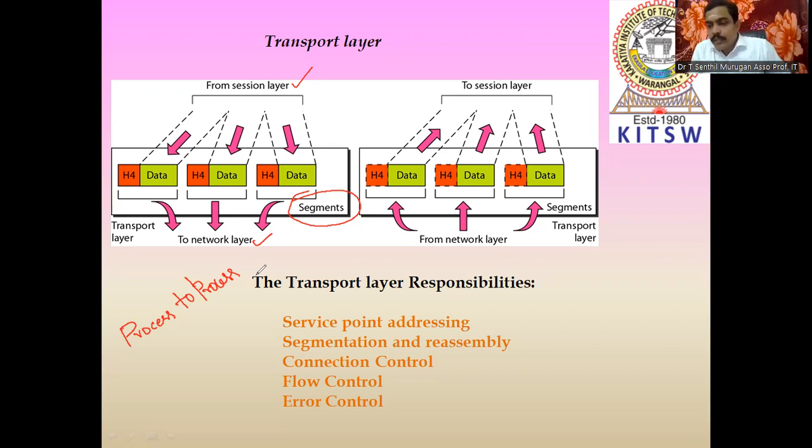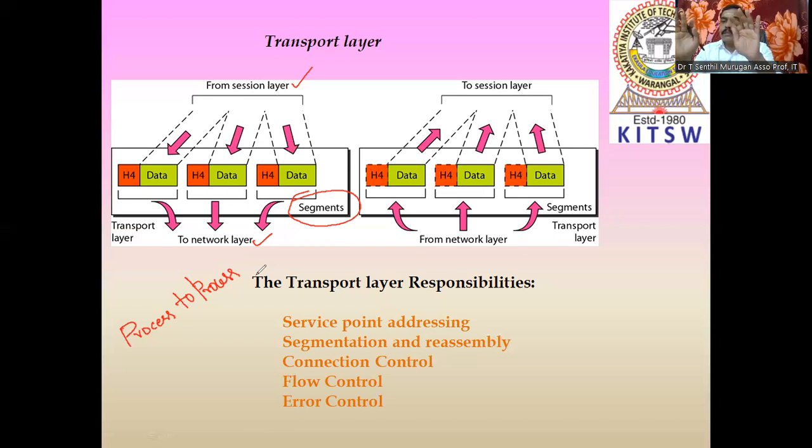With the port address, the network layer gets each packet to the correct computer, and the transport layer gets the entire message to the correct process on this computer. So the sender is sending the message and the receiver is receiving the message. It is done by the network layer.